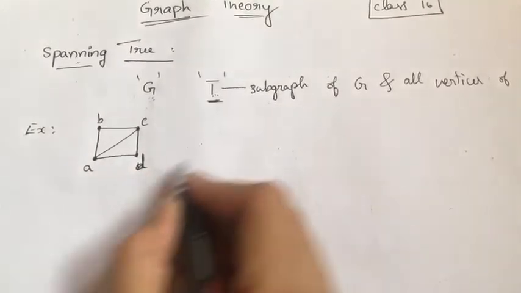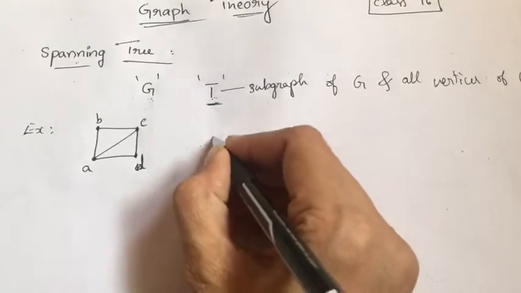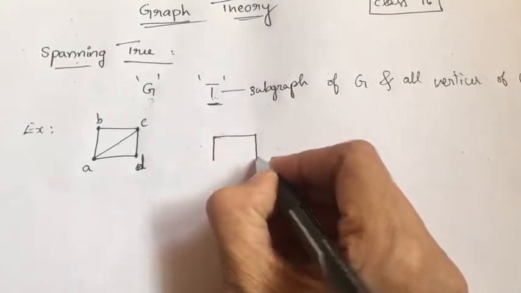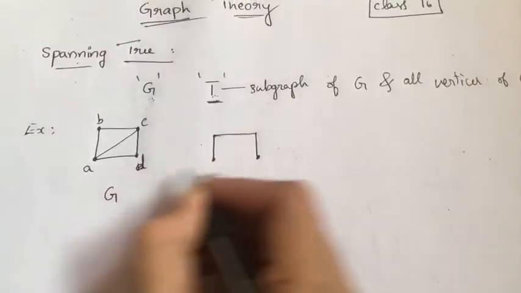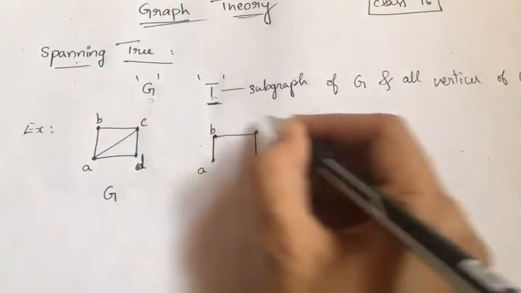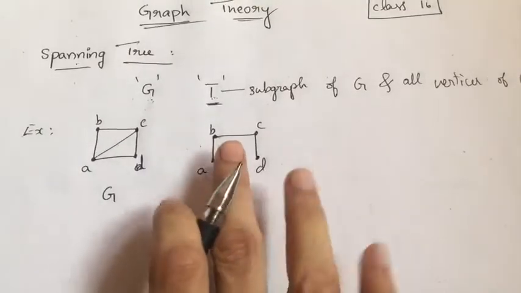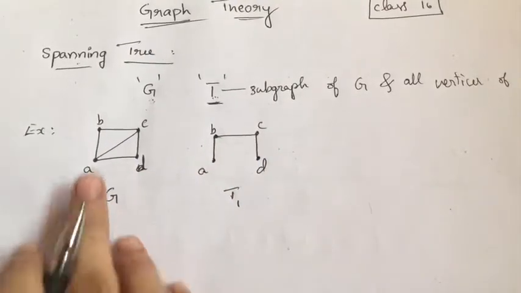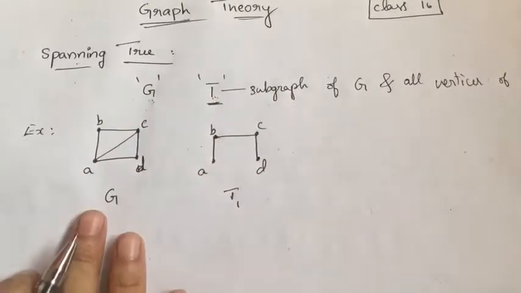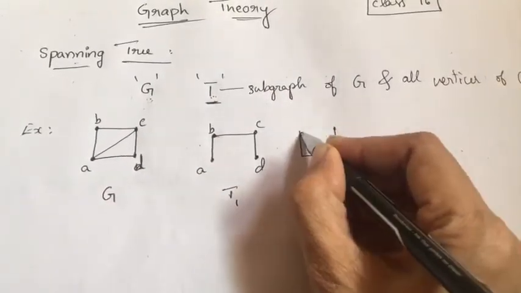For this, I'll draw one spanning tree which contains all the vertices of G: A, B, C, D. This is one such spanning tree, which is a subgraph of G and it contains all the vertices of G. Another one I can draw like this.